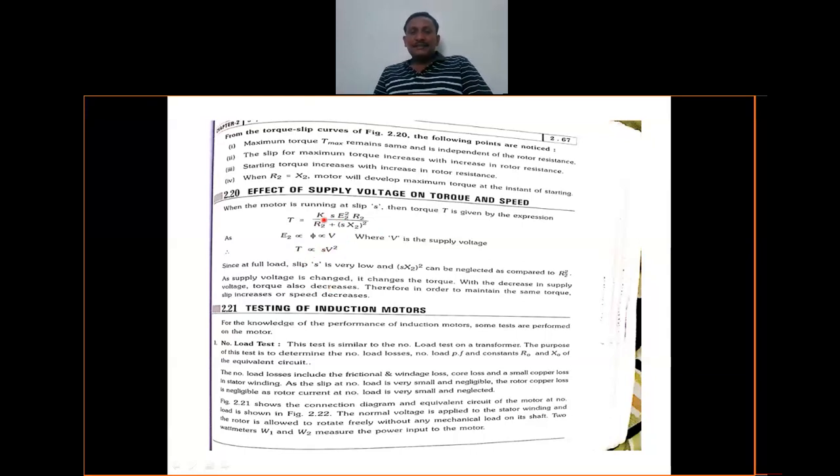From this we can say that torque is directly proportional to the square of the supply voltage. That means as supply voltage increases, torque also increases, but not linearly; it is the square of the supply voltage. This is the basic relation of torque and supply voltage.